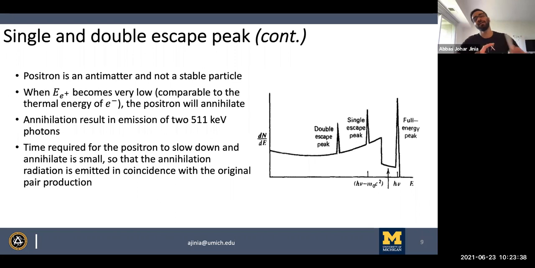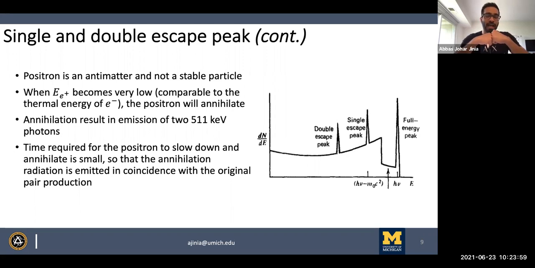Now, the positron is antimatter and it's not a very stable particle. So when the positron slows down and is slow enough, it will annihilate, and the annihilation will result in emission of two 511 keV photons.